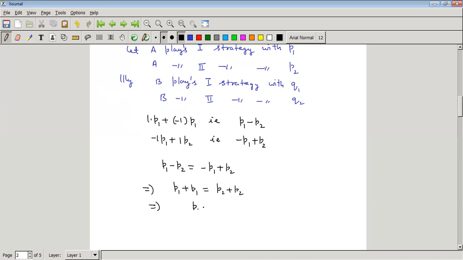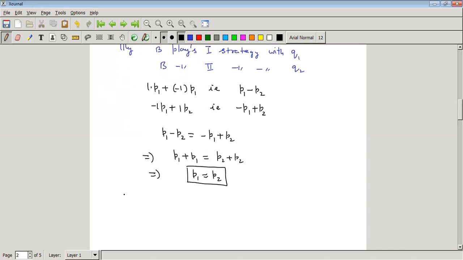So we get P1 equal to P2. We also know that P1 plus P2 is equal to 1. So we can put P1 equal to P2 here. So P1 plus P1 equal to 1. This implies P1 is equal to 1 upon 2.